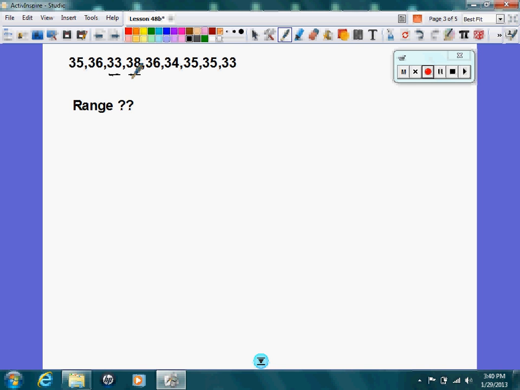So the range for this set of data would be 38 minus 33, or 5. That's pretty straightforward. The range is simply the difference of the lowest value and the highest value. That's the range.